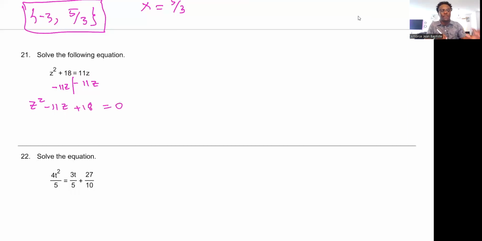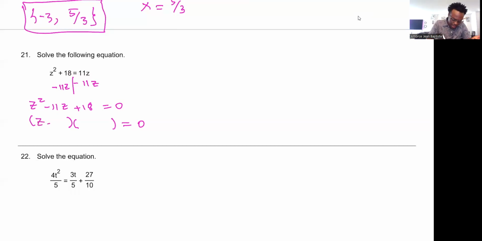Since the coefficient of the squared term is 1, I can set up the parentheses and find two factors of the constant that sum to the linear term coefficient. In this case, -9 and -2.